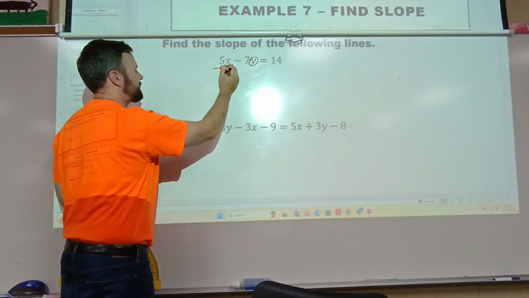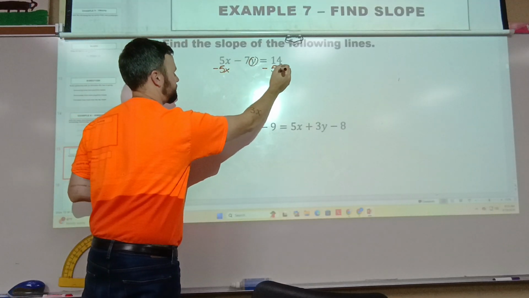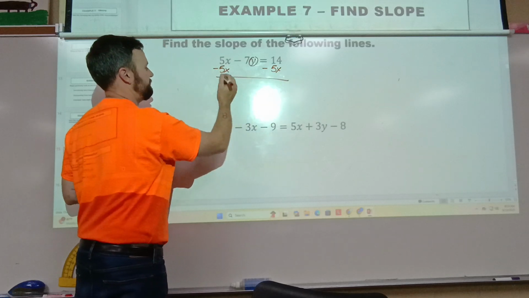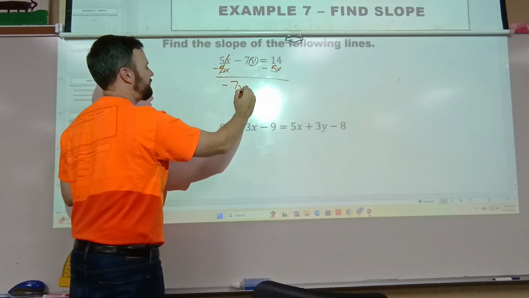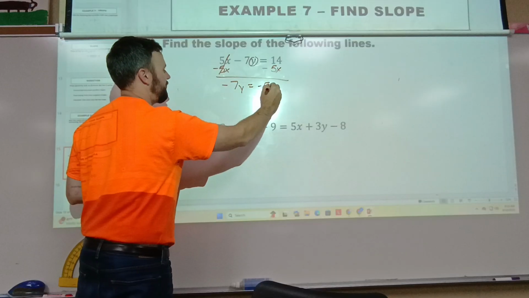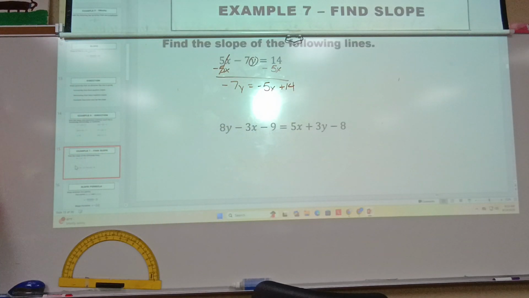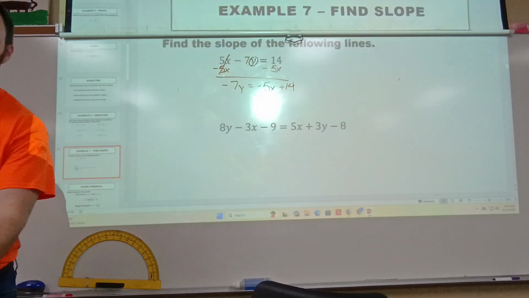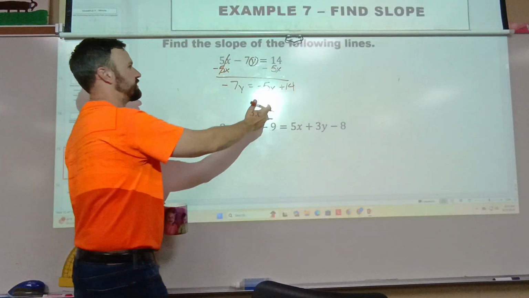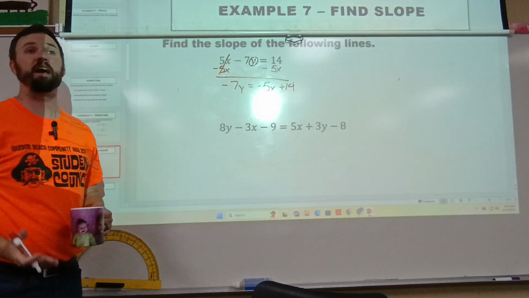So I'm going to subtract 5x. I get negative 7y. Right? Do I care about the intercept if I'm looking for slope? No. In fact, it sounds bad, but if I'm just looking for slope, I would just ignore that 14 as I'm going because it's not going to matter.